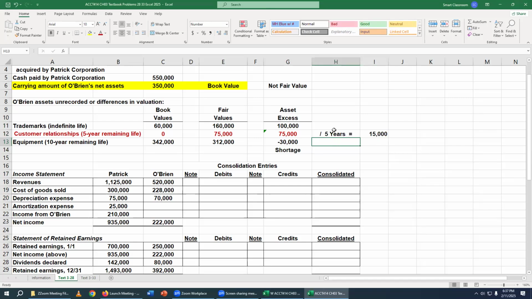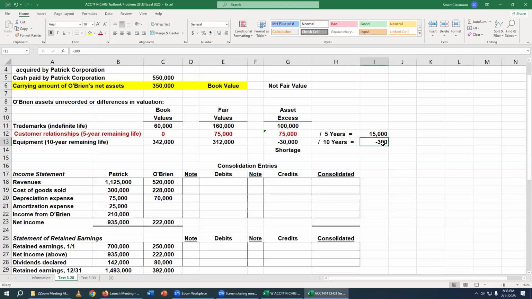And this is a 10-year life. So this is actually gonna be a negative expense, kind of. Oops, no, not 100 years, 10 years. So this would be negative. We're gonna reduce the expenses by 300. So that one's gonna be kind of a wacky one. We'll do those separately because they're gonna be different.